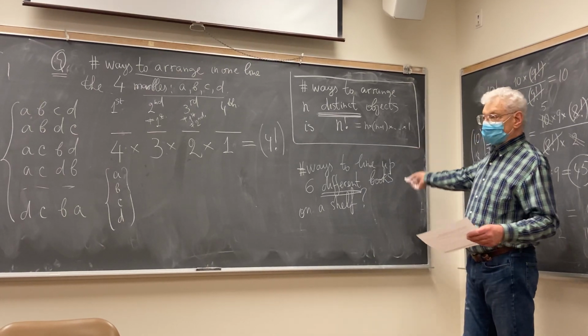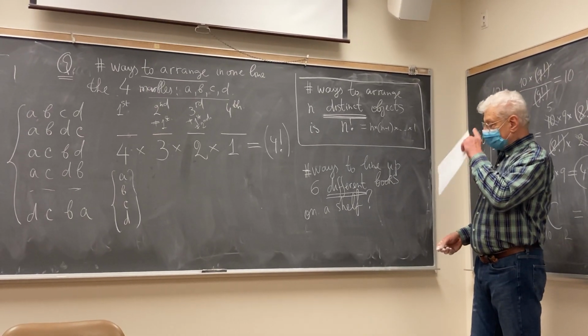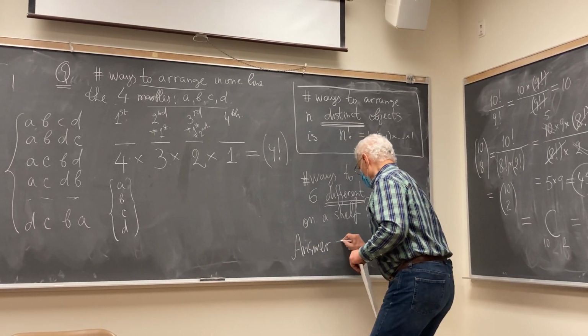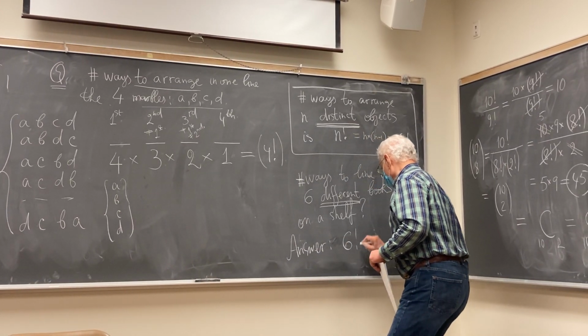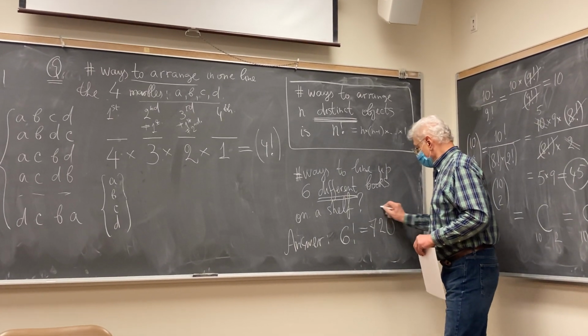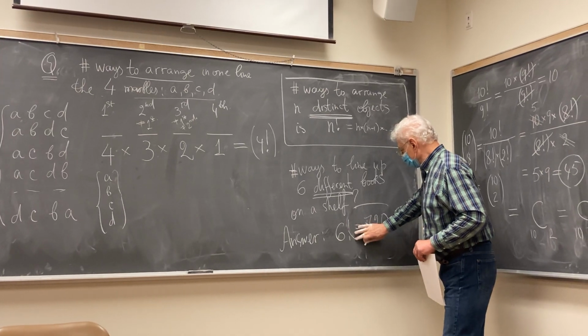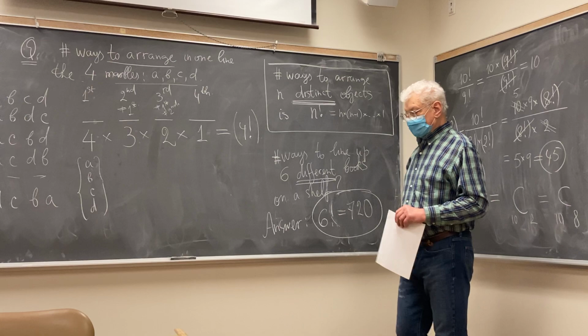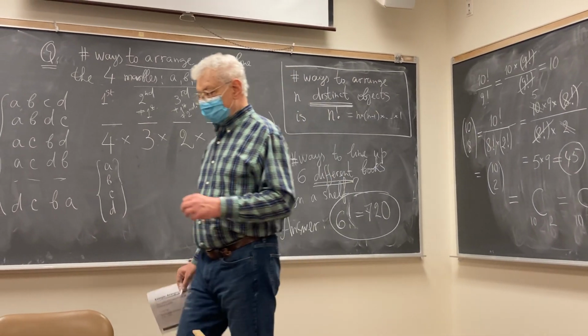So if you forget about n factorial right now, the answer is 6 factorial, which is 720. If you forget about factorial, you can make this reasoning.